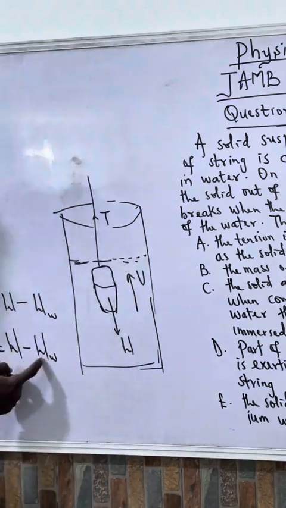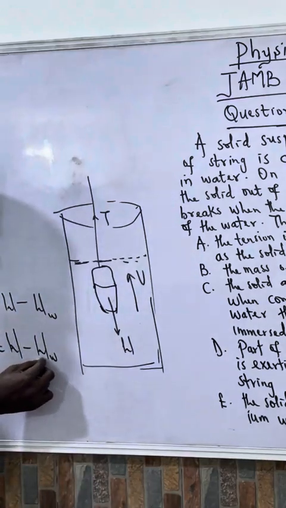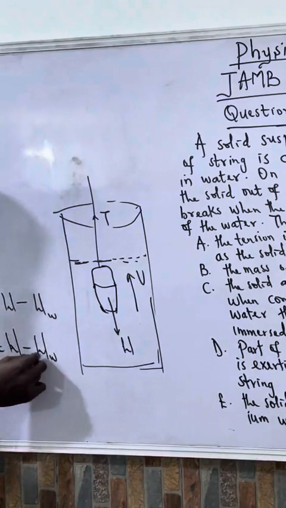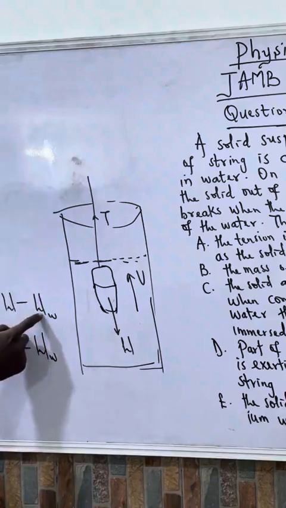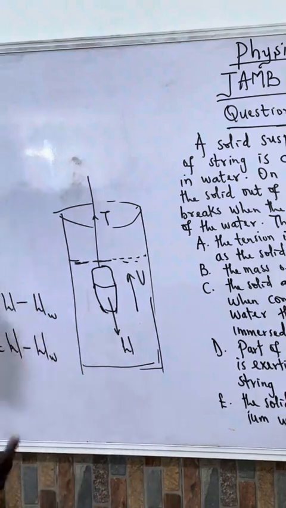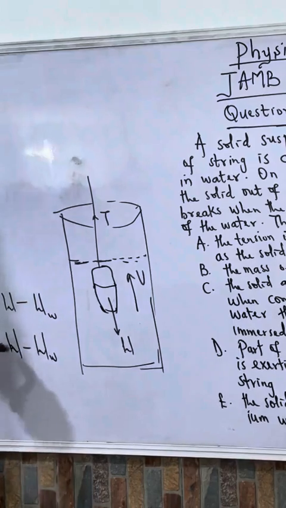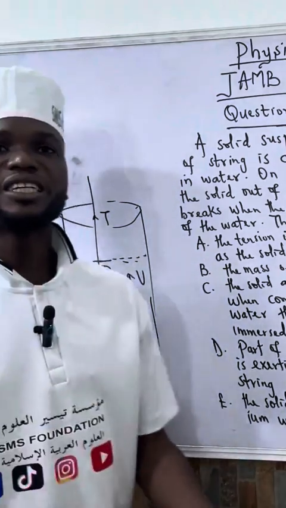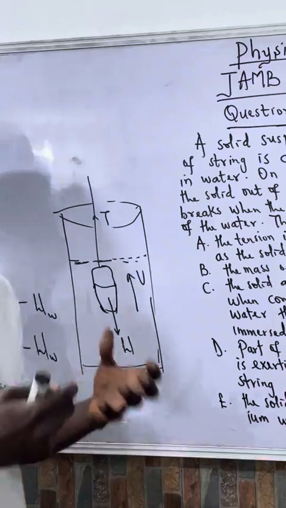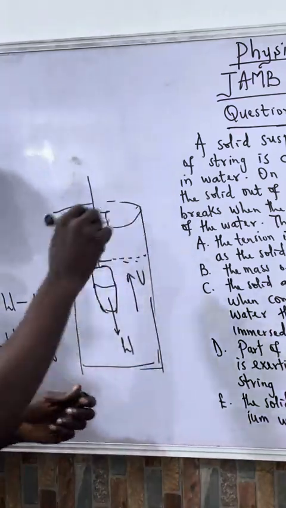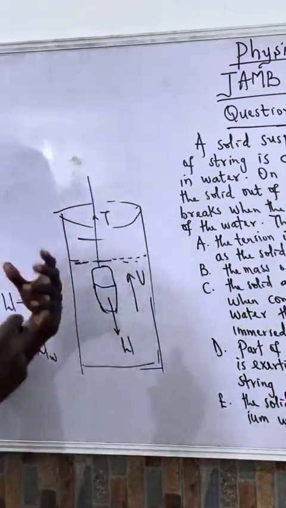When you are subtracting a smaller value from W, it will become more. But when you subtract a big value from W, it will become less. That's why the tension is less here, while it is high here. Due to the increase in that tension, that's what led to the breaking of the rope.